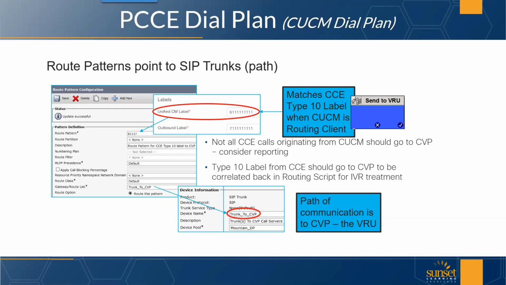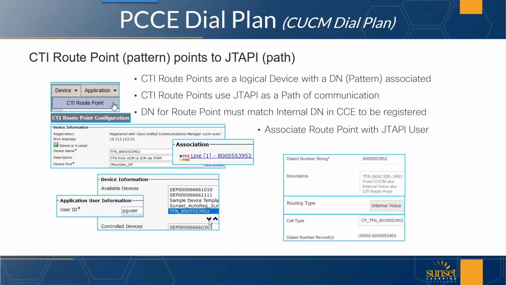And it might be trunks to CVP, it might be trunks to SIP proxy, depending on the way in which we want it to go. Now, in this case, we're pointing these paths back up to CVP. And we have a route pattern that's going to do that. In that sense, we're taking essentially the long way around.